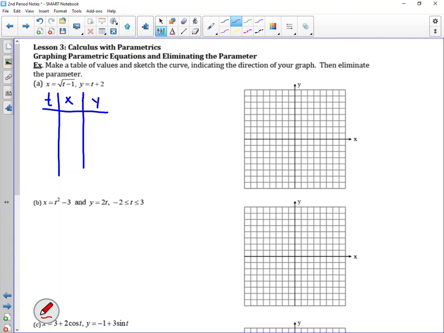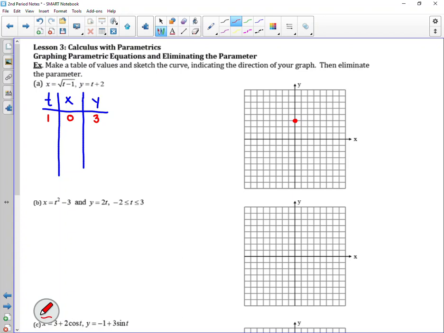We know t can't get any less than 1 because if I put any number less than 1 into that square root, it's going to give me a negative or an imaginary x value. So if t is 1, x is 0, and y is 3. So we are at 0, 3 at time t equals 1.